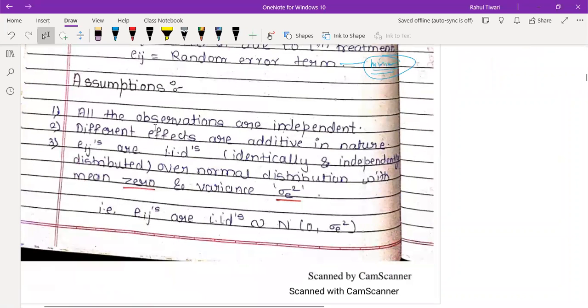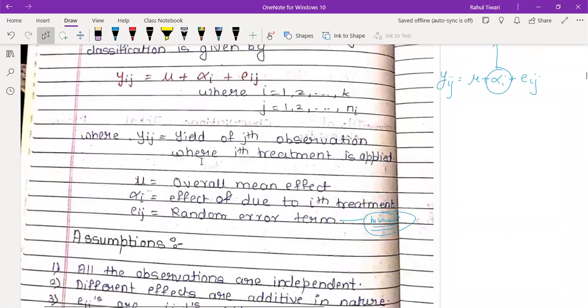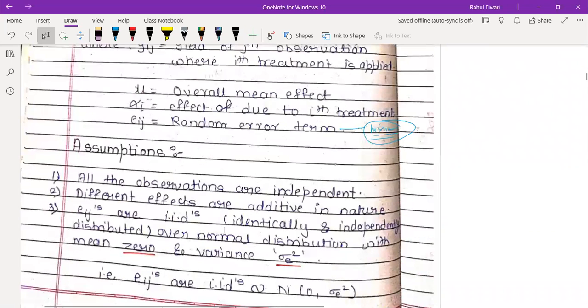So again, if I'm creating a model, I need to put some assumptions, and these assumptions are the same for all the models. I think we have already discussed this. All observations are independent. Different effects are additive in nature. I think this is the third model we have already discussed. The eij are identically and independently distributed, मतलब क्या?